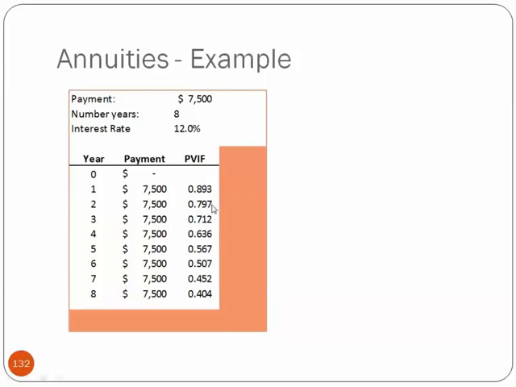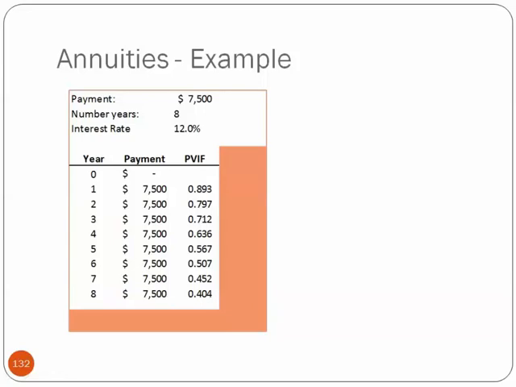We then raise it to the second: 1 divided by 1.12 to the second. That's 0.797, and so on all the way to the bottom. Our last term is 1 divided by 1.12 raised to the 8th. And when you crunch that, you get 0.404. Right? So that's all these calculations are. This is the present value interest factor calculation that we've been building up.